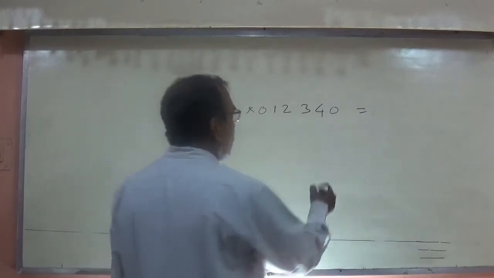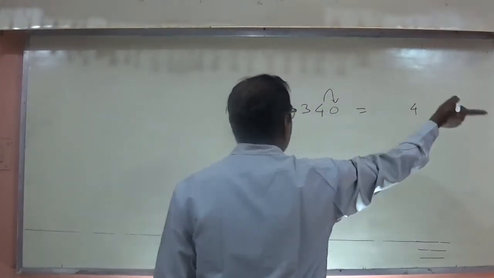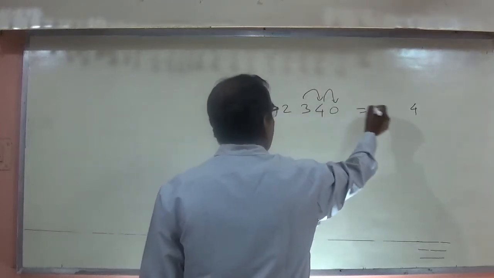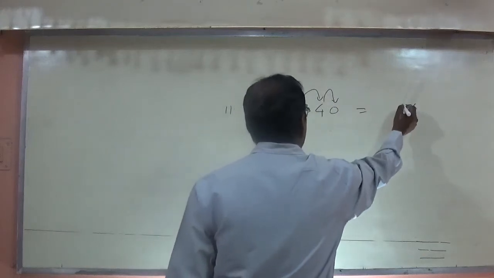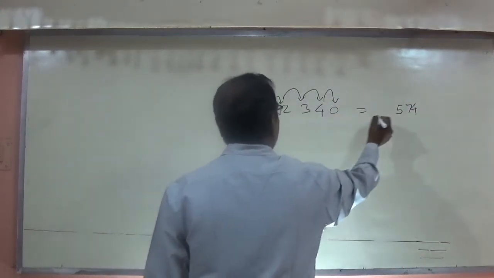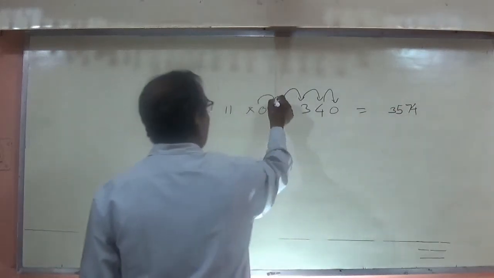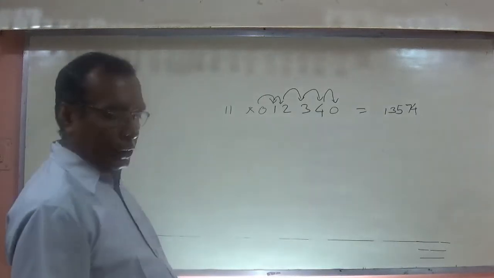Now consecutively you have to add this way. 4 plus 0 is 4 from the right hand side. 3 plus 4 is 7. Then 2 plus 3 is 5. Then 1 plus 2 is 3. And 0 plus 1 is 1. 1, 3, 5, 7, 4.